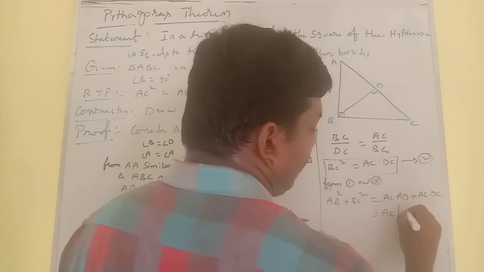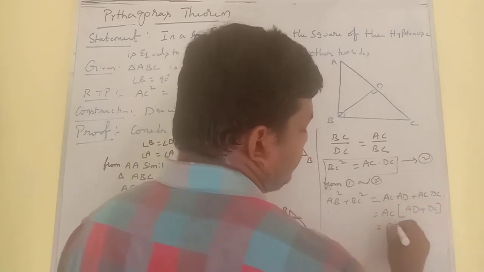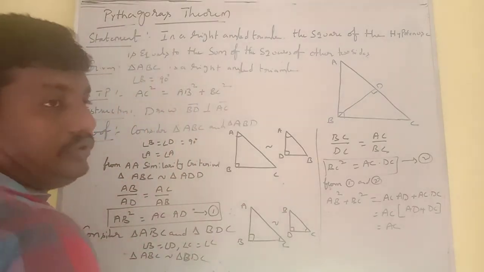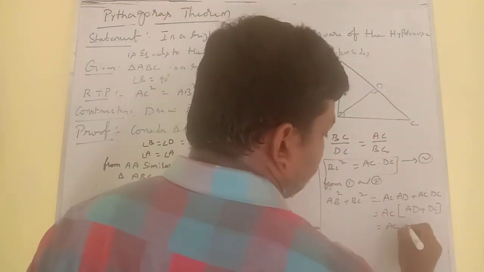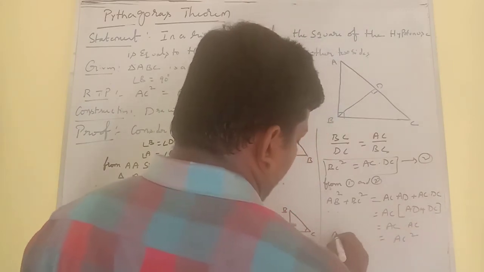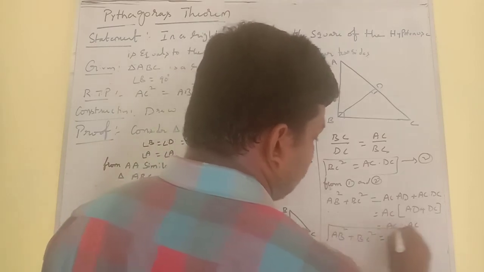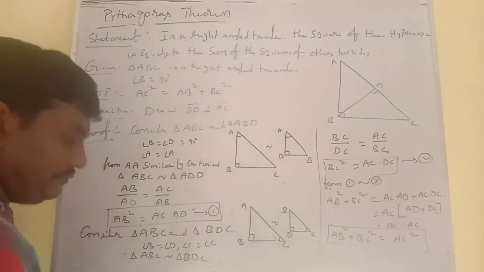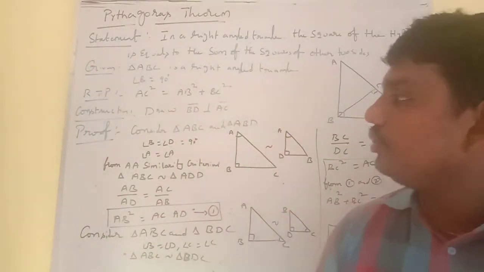Take AC as common: AC into AD plus DC. From the diagram, AD plus DC is nothing but AC. So again this is AC, now it is AC square. Now AB square plus BC square is equal to AC square. This is proved. Now the Pythagoras theorem is proved.